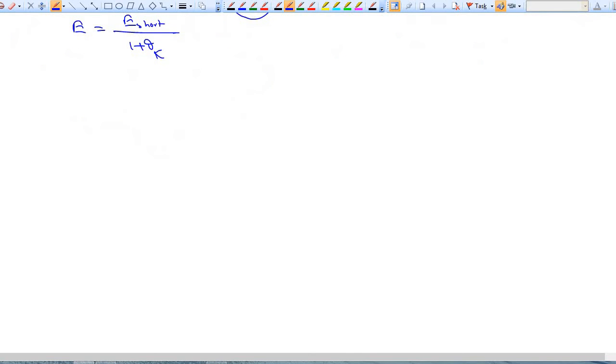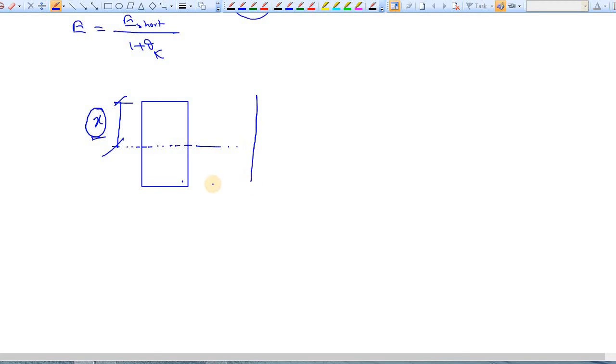Now let's finish the rest of the journey, and learn how to find the moment of resistance of any section. Before finding the moment of resistance you need to learn one more thing: if this is the reinforced section, we have considered a neutral axis, but till now we have not calculated the depth of the neutral axis, x. So what is the strain diagram? It is linear and it is something like this.